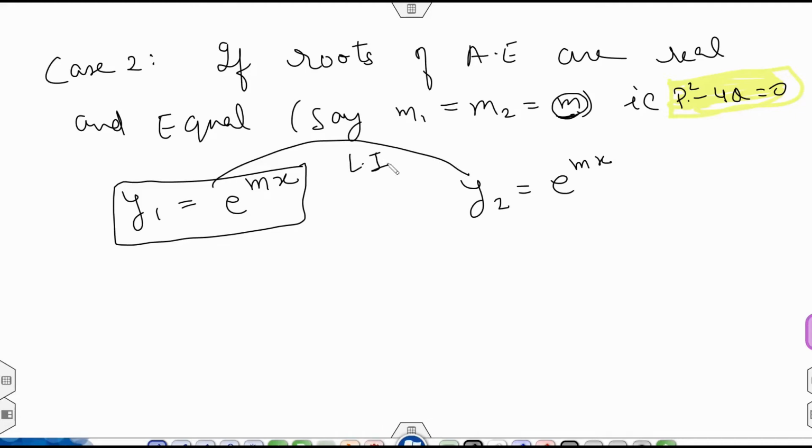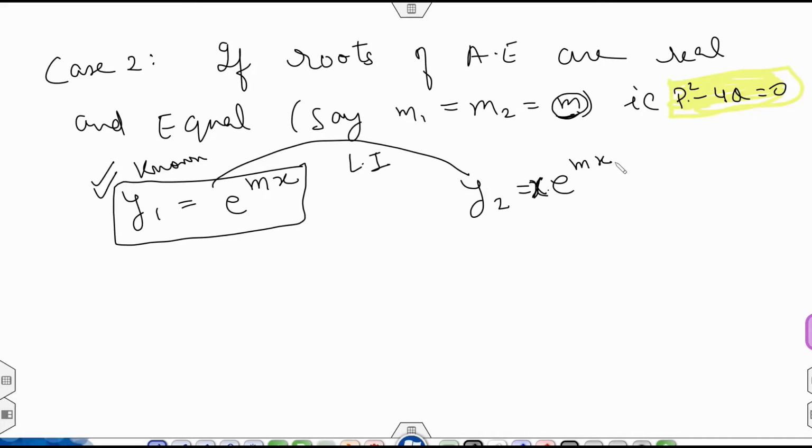By that theory, which we have done in the previous lecture, you will find that the second solution comes out to be x into e to the power mx.